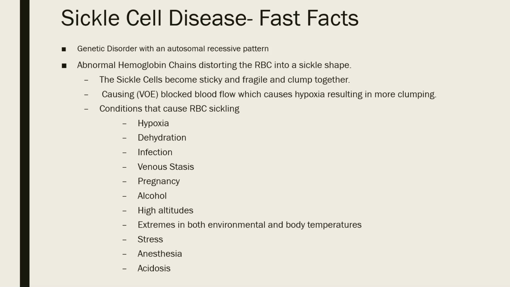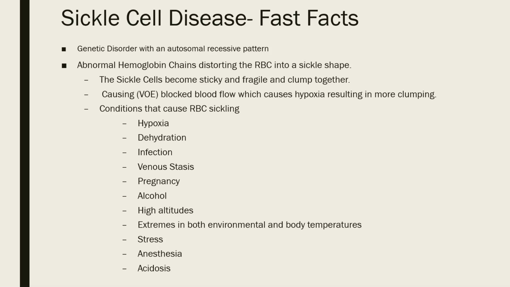Now, conditions that will cause the RBC to sickle occur only in a patient who has sickle cell anemia, okay? Patients who have sickle cell anemia go through periods of extensive cellular sickling called crises, and these can happen very suddenly. Vascular occlusive events lead to more hypoxia and more ischemia and more tissue damage.